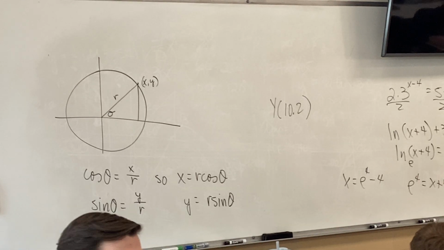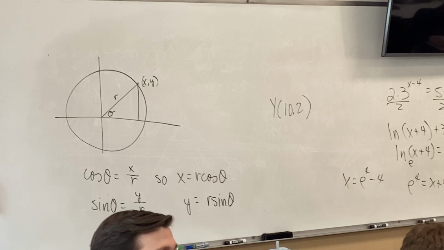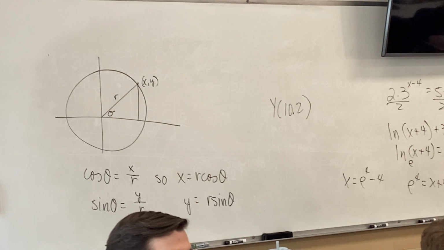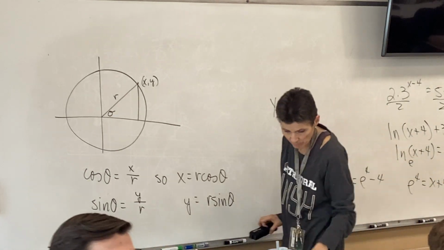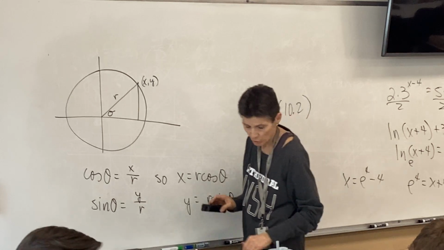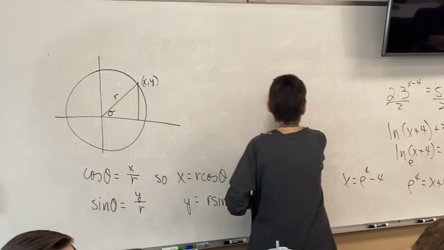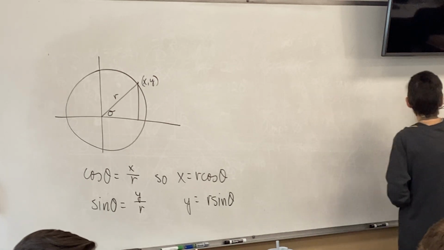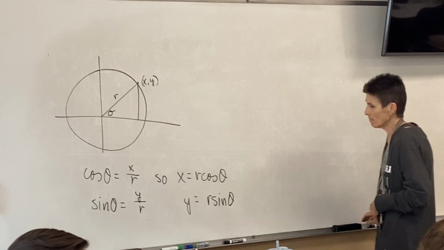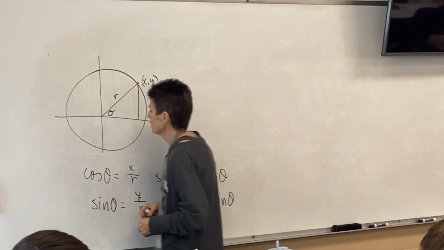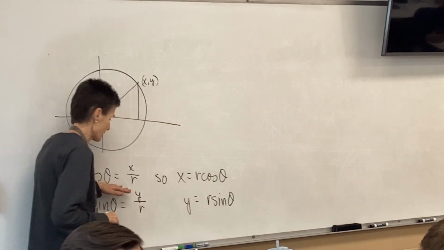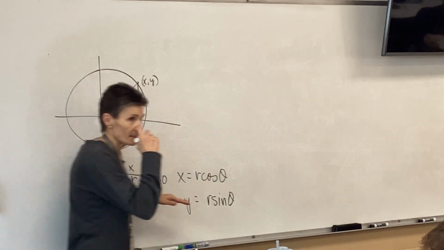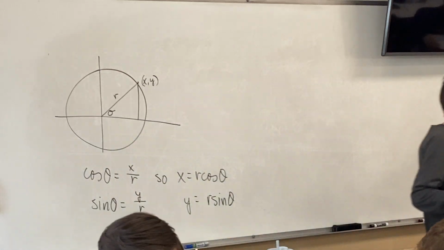Okie dokie. So, up here, I'm looking at the 3.3 notes, so I'm on page 12. And up here, I have drawn the same picture he's got on there with some absolute key ideas. Cosine is x over r.